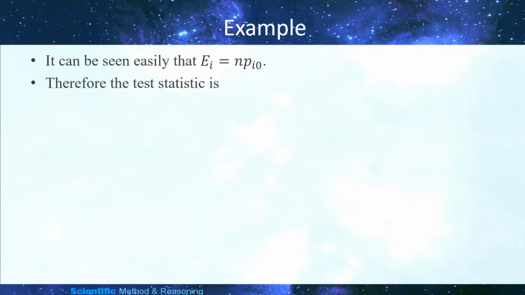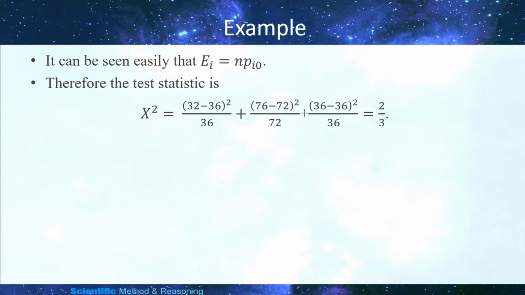Therefore, the test statistic can be computed easily by substituting the numbers into the formula to be 2/3.